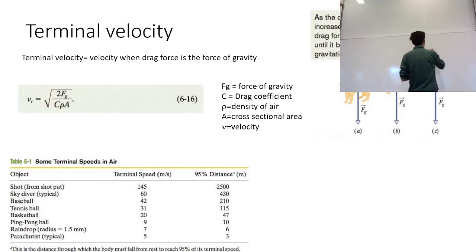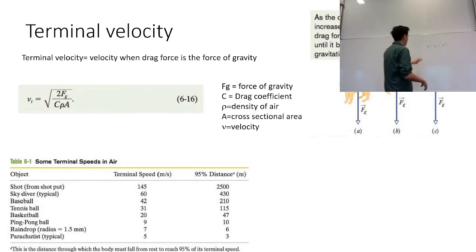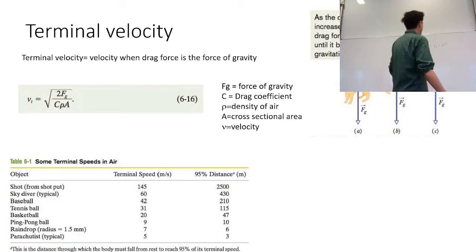So we said v is equal to v naught plus at, right? So this is in the absence of any kind of resistance. So if you were to drop something, then this would say that the velocity would just keep on getting faster and faster and faster as you drop it.